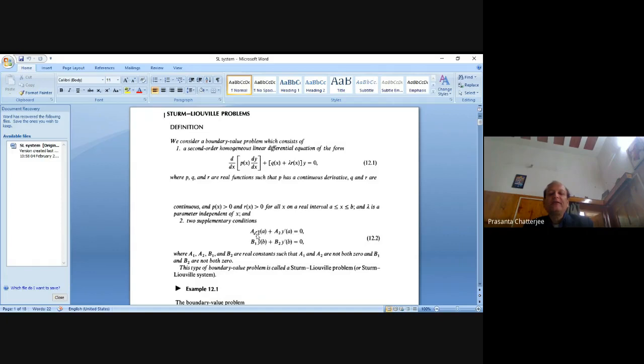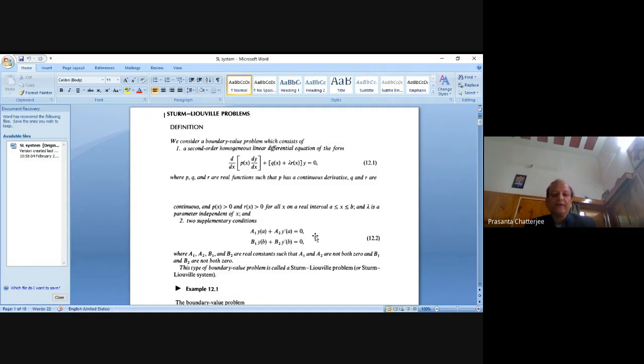And naturally, a1 and a2 are not both 0 at a time. If both a1 and a2 equal 0, then the condition is given only at the point b. Similarly, if both b1 and b2 are 0, then the condition is given only at the point a.